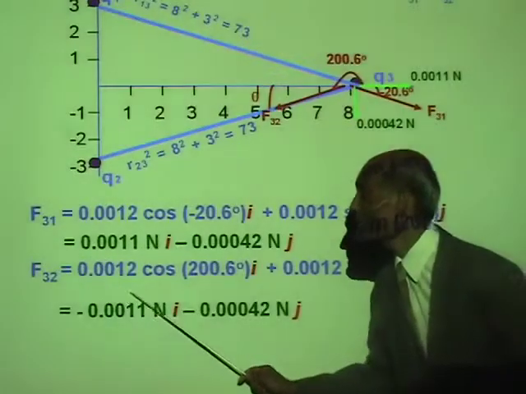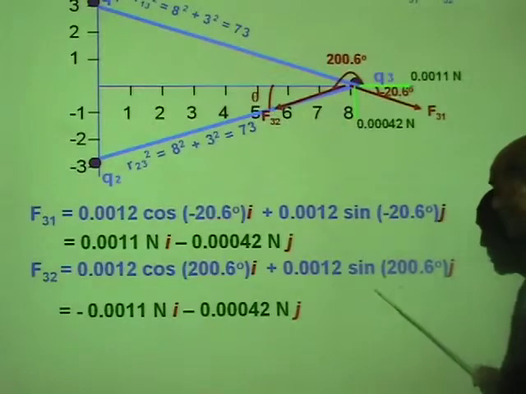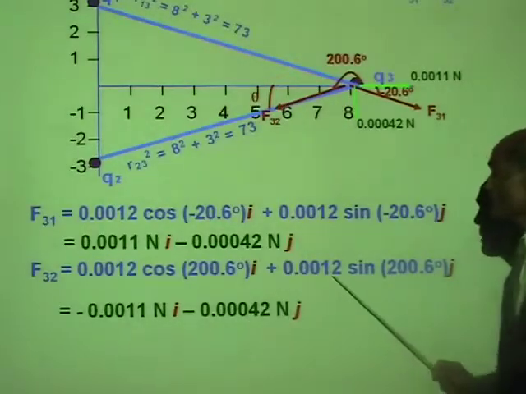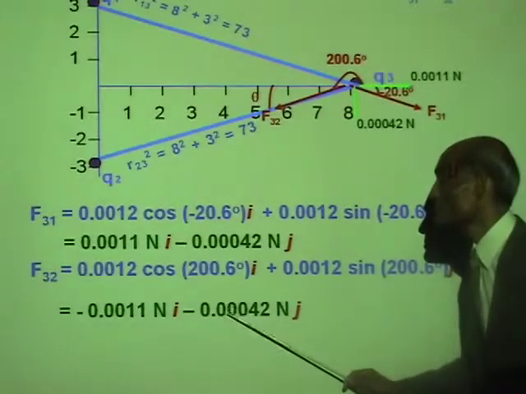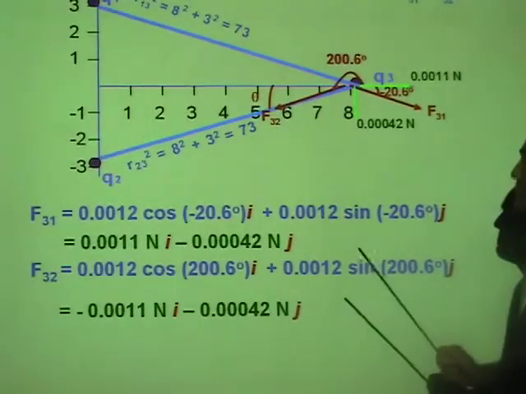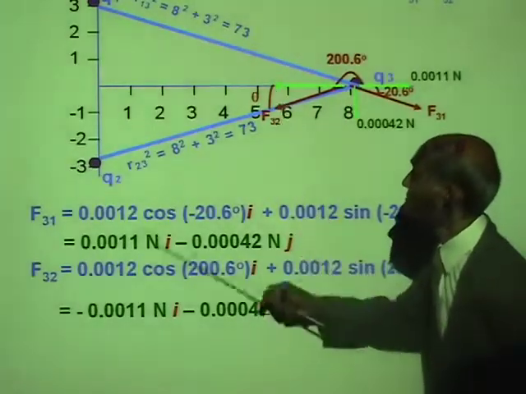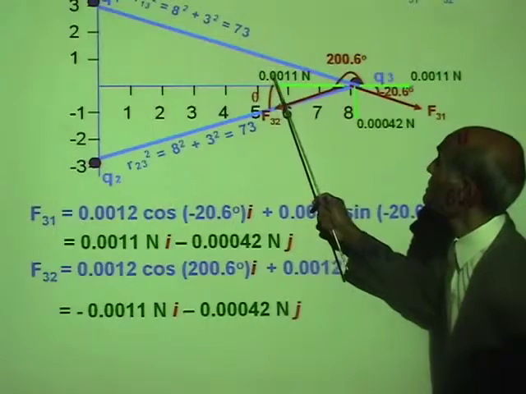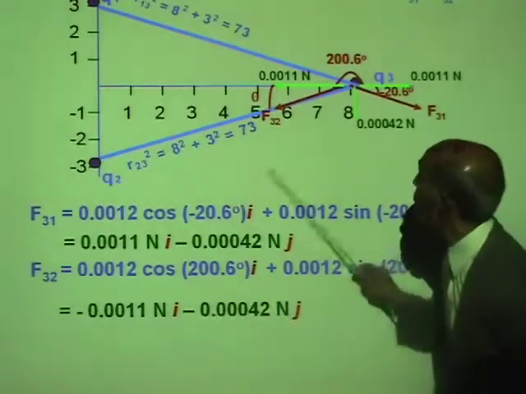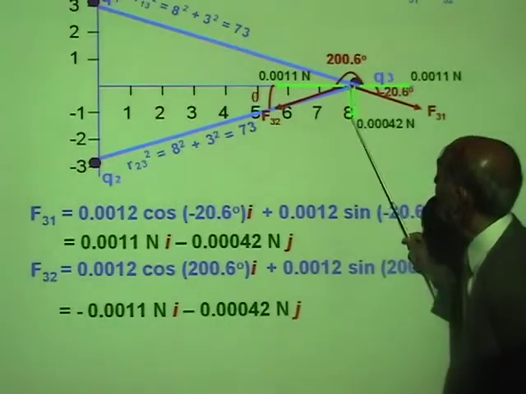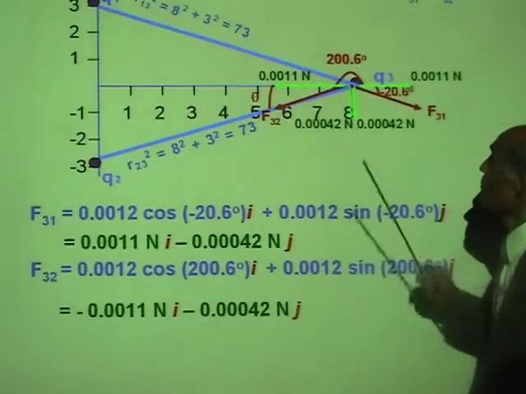Put that in your calculator and see whether you get that negative value. This also is negative. Put that in your calculator and see whether you see this, minus 0.00042. Alright, let's mark that over there. This is the x component, that is negative 0.0011 Newton. And this is the y component, which is negative 0.00042 Newton.